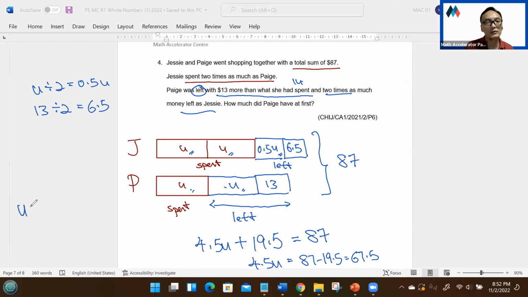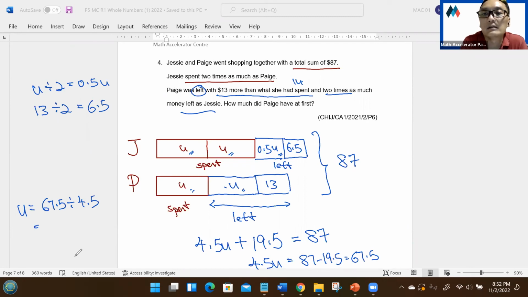So from here, I'll use this side. Can you help me find the value of 1 unit? Yeah, this time around, you need to use a calculator. If 4.5 units is 67.5, you need to do 67.5 divided by 4.5 units. And what do we get? Okay, Evie, you're correct.